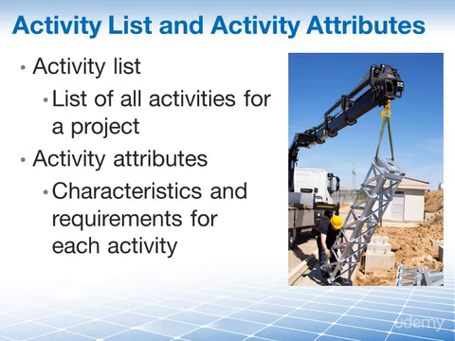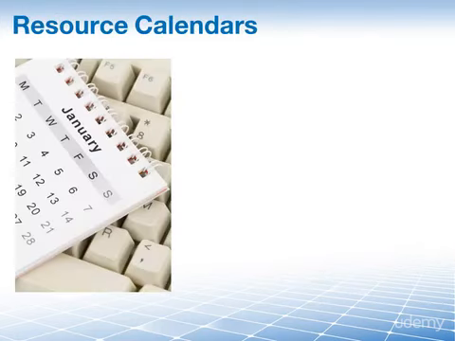And again, by figuring out what resources will be working on our activities, we may see the need for changing some activity attributes. Another project document that may need updating as an output of this process are the resource calendars.